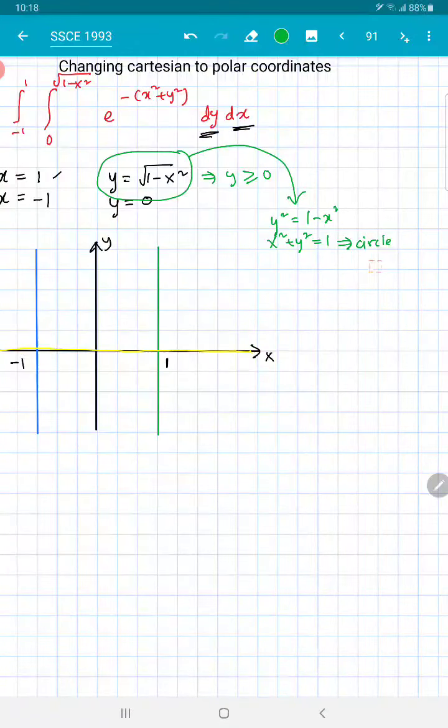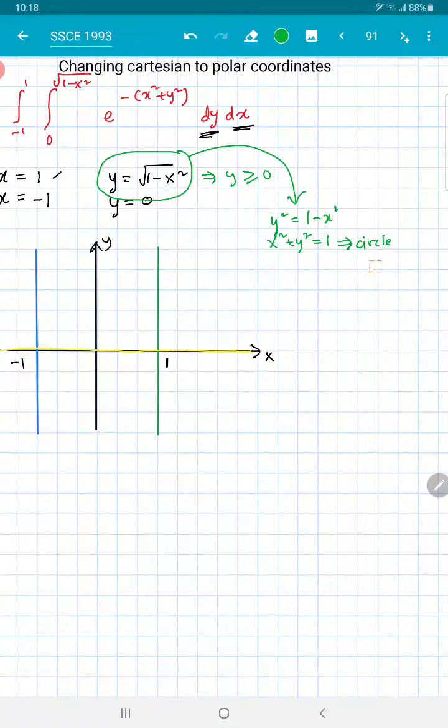But remember, our original limit for y is y equals the square root of 1 minus x squared, where y must be larger than or equal to 0, which means we only consider the part of the circle where y is positive.